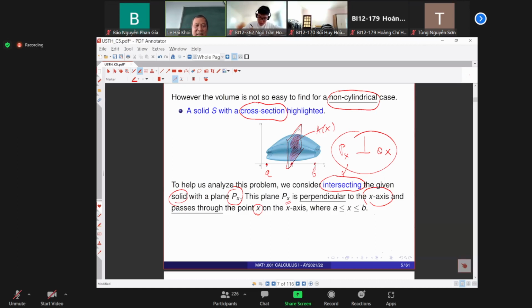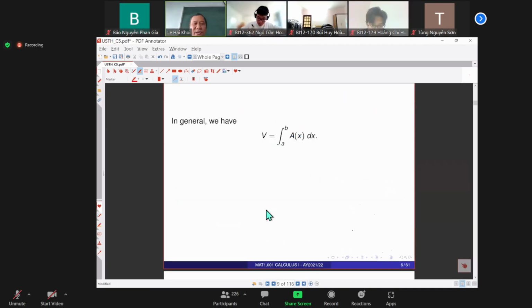We call the region between P_x and S the cross-section, and we denote its area by A(x). A again stands for the area. Okay, and in general we should have this formula: the integral from a to b of A(x) dx.